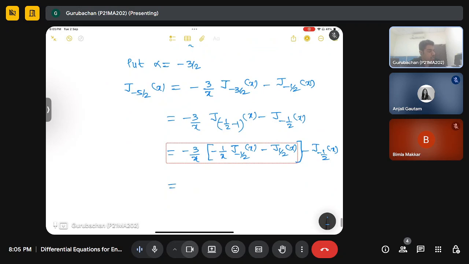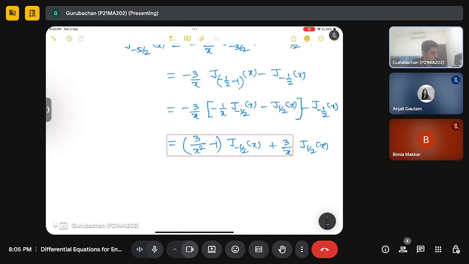So ultimately you will get 3 by x square minus 1 J minus half of x plus 3 by x J half of x.